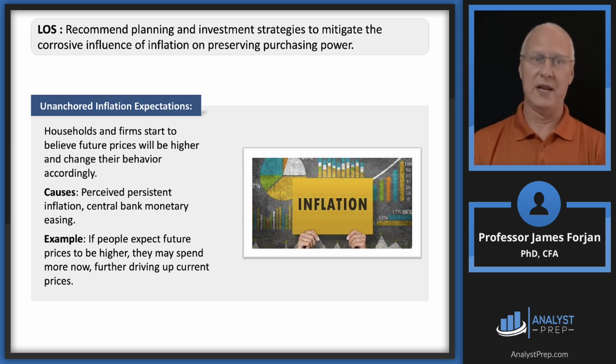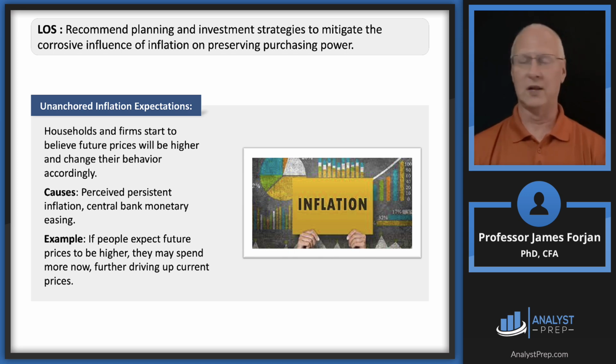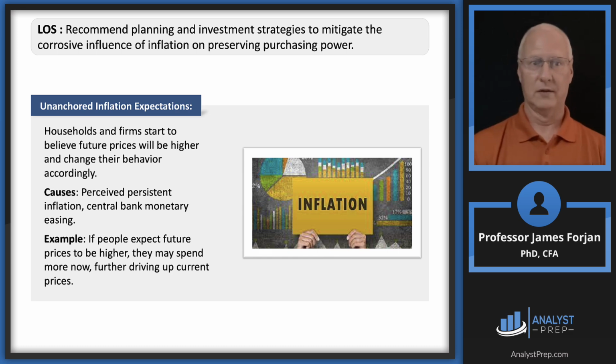So what that means then is if we believe that prices are going to rise, that's going to affect our behavior today. Simple example is that if we think a loaf of bread is going to cost $1.20 next year and it only costs $1 today, well, we need to take a look at our interest rates. We need to take a look at our wage increases.